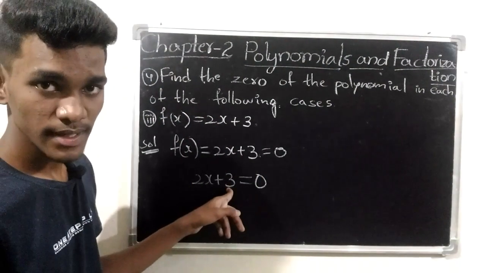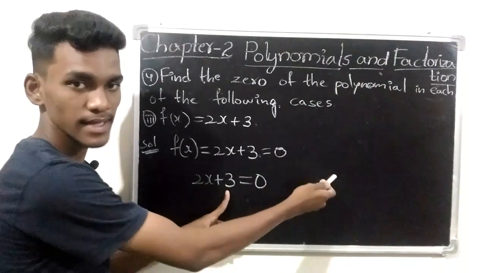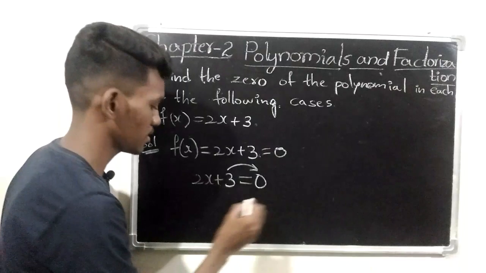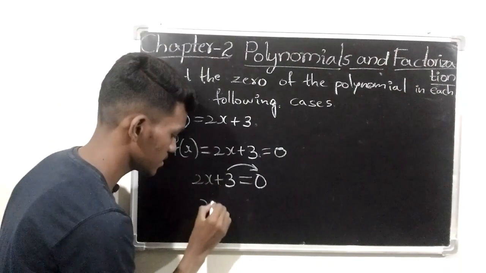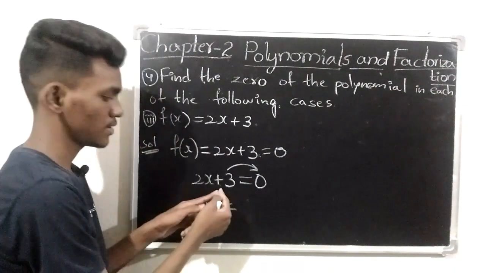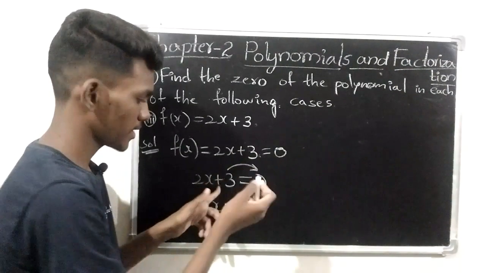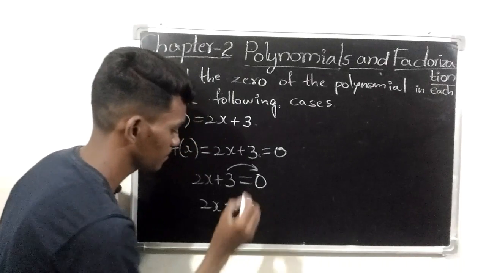So the constant term we have to take to the right side. The +3 becomes -3. First we write 2x as it is, equal to, see here +3 is there, so we transfer it to the right side and it becomes -3. Write here -3.